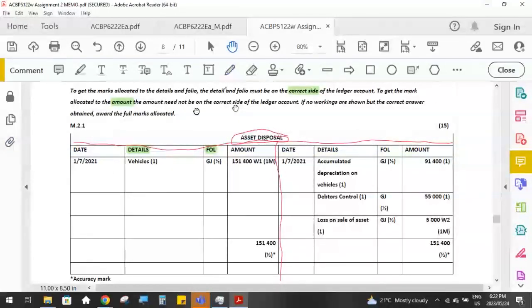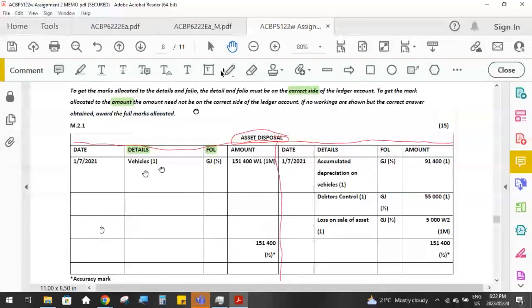So asset disposal, your debits and credits and the entries that go in here are always going to be exactly the same. In your textbook, you've got, I think it's the 4 or 5 steps to asset disposal, and they are always identical.